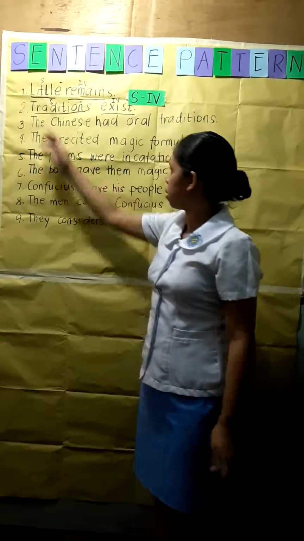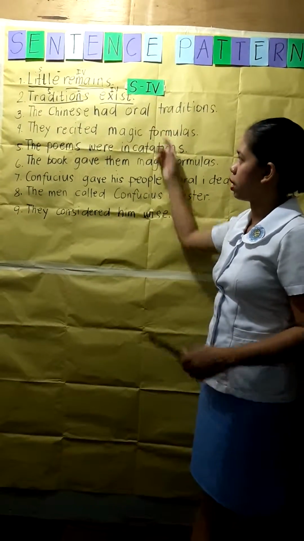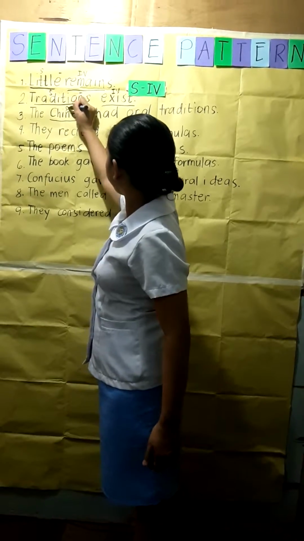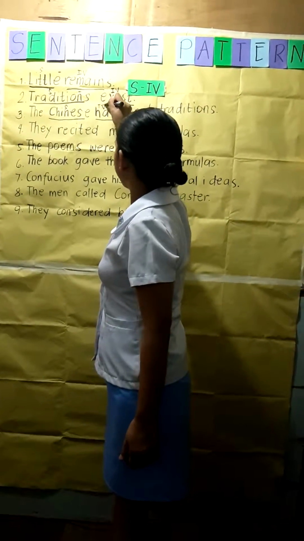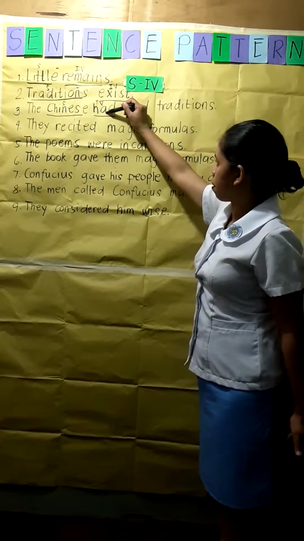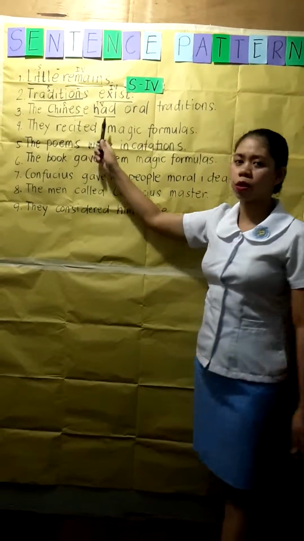The next one, sentence number 3, we have the Chinese had oral traditions. So the Chinese here is the subject. Had is a transitive verb. So unlike intransitive verb, transitive verb does not contain a complete thought.